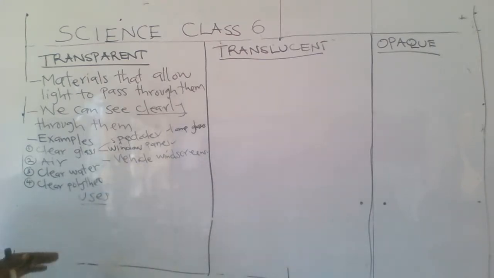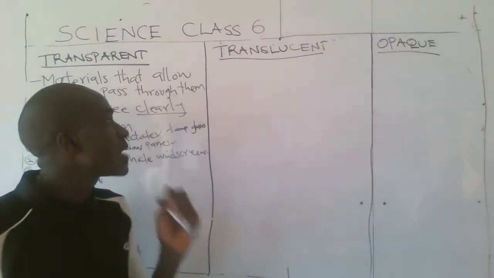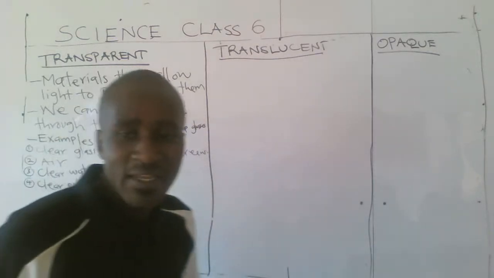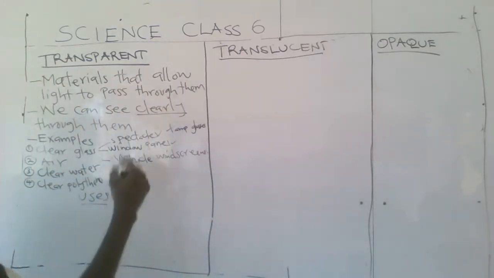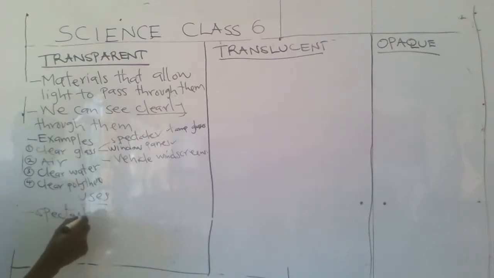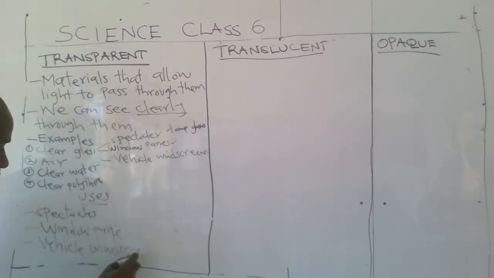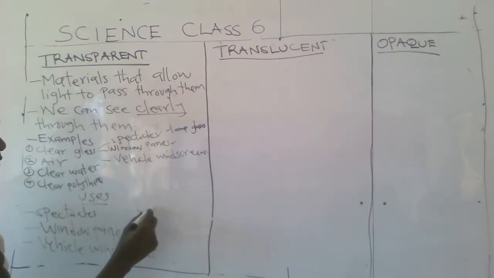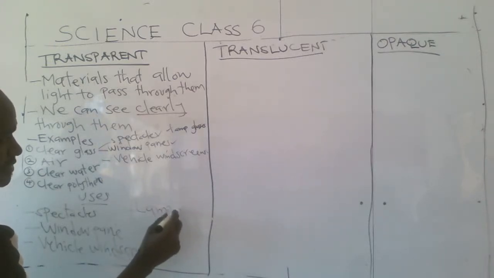When you are asked the uses of materials that allow light to pass through them clearly, the first use is that we can use them to make spectacles. We can use them to make window panes. We can use them to make vehicle windscreens, and we can use them to make lamp glasses.